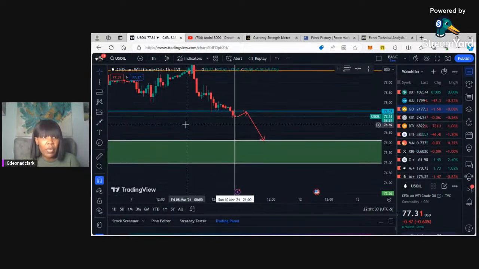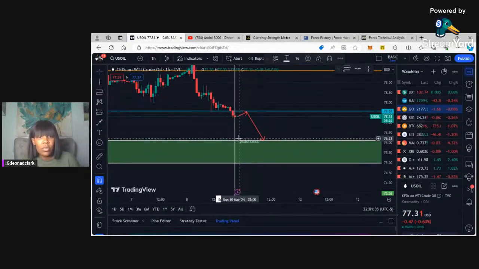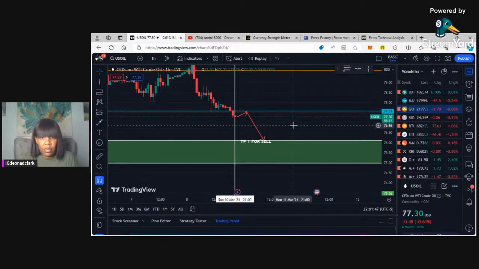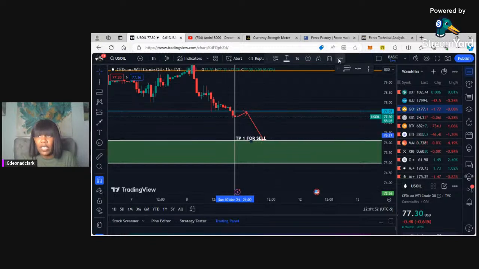The top of this zone will be our take profit one. The bottom of the zone will be our take profit two. If your risk to reward ratio does not line up for this to be a take profit one, then just adjust. Make the take profit two your take profit one. That's your option if that's what you want to do.